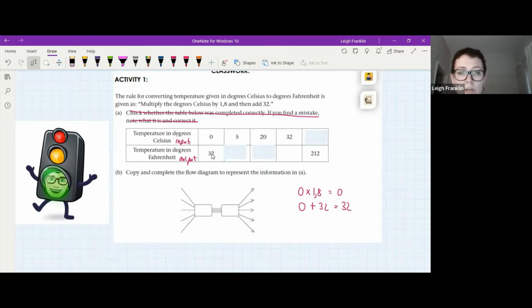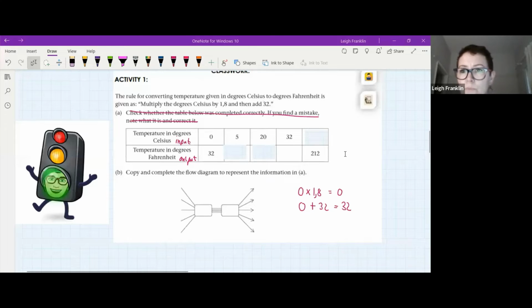Now, you guys are going to try 5 and 20. You're going to calculate the outputs. And then we're going to see how clever you are if you can work backwards and calculate the inputs. When you've done all 3 values, you can say done in the chat. Excuse me, ma'am. Yes.